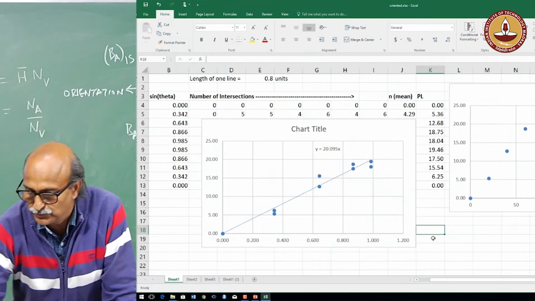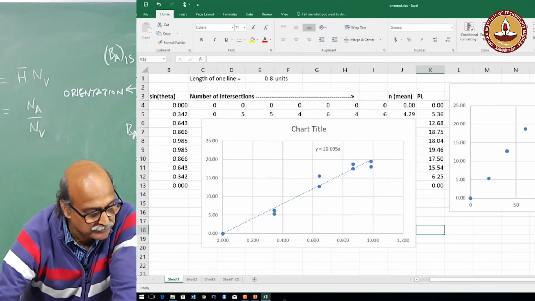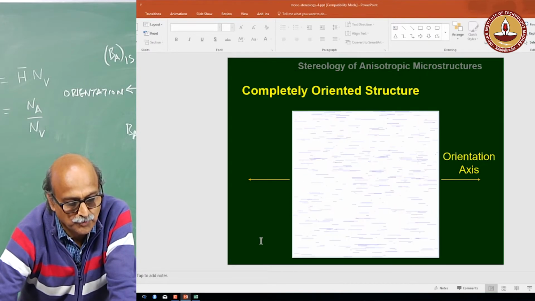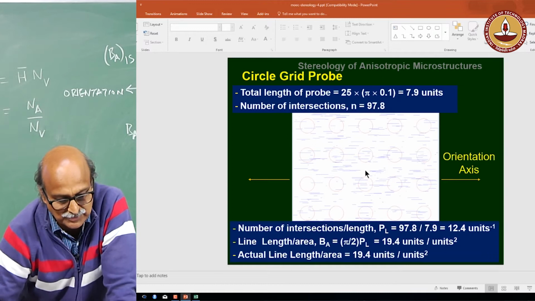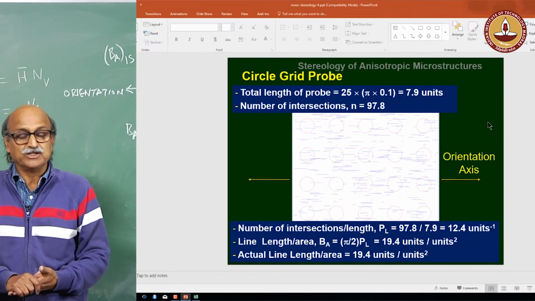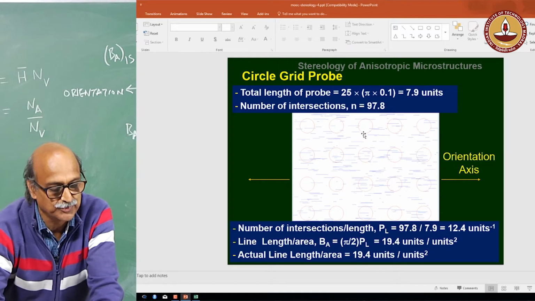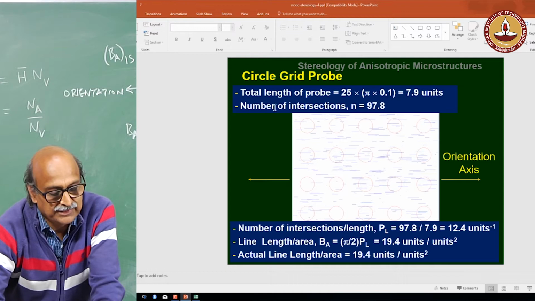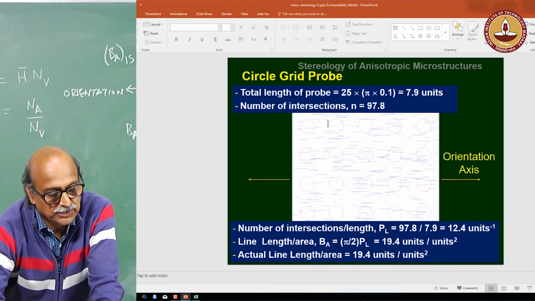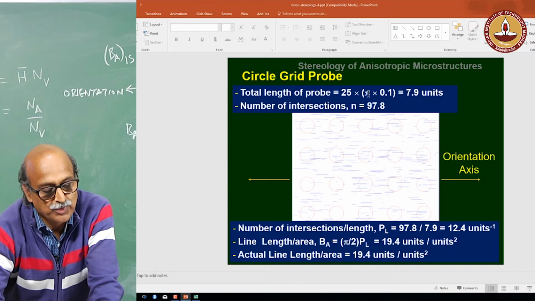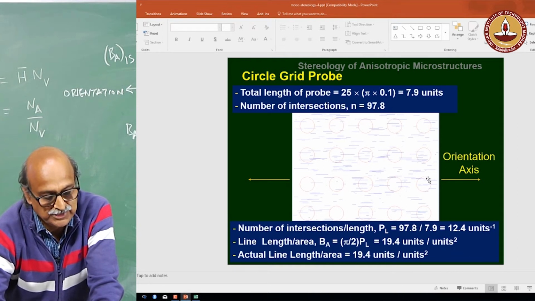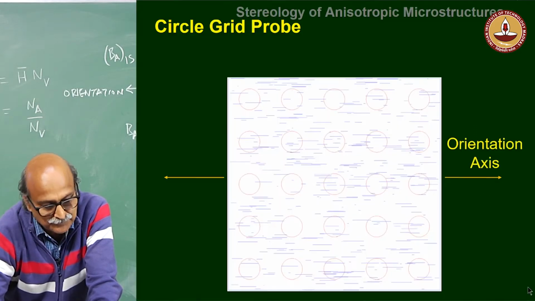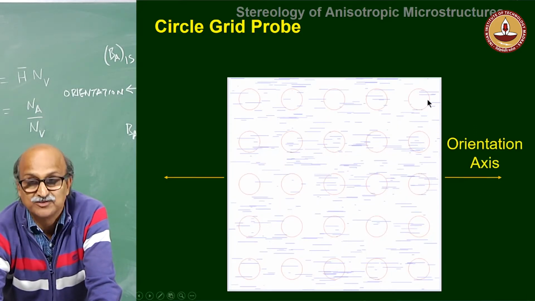If I go back to this and just go back a little to this side, which I had skipped earlier, where I was trying to measure the actual boundary length per unit area using the circular probes. The total length of this probe was 25 into the perimeter of each circle, because I have a total of 25 circles here.